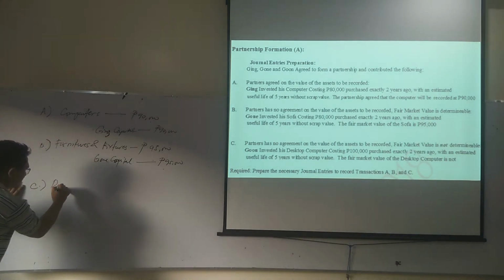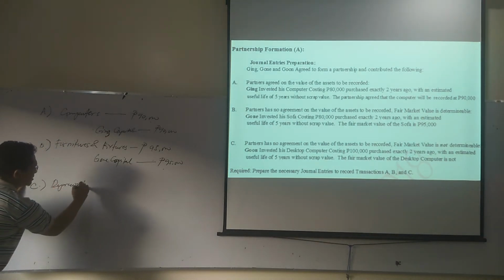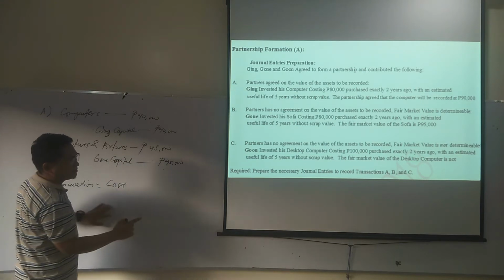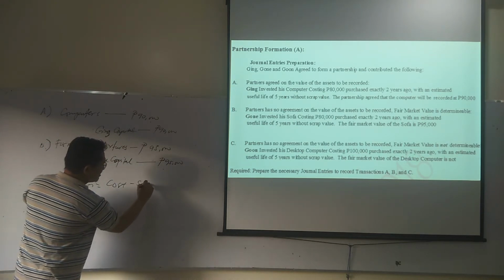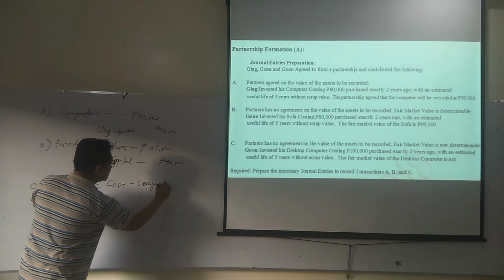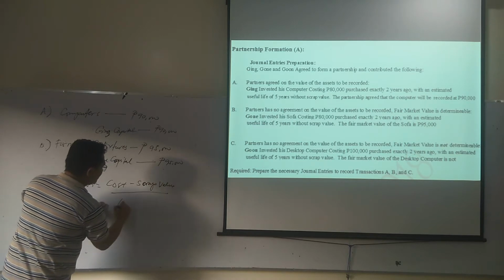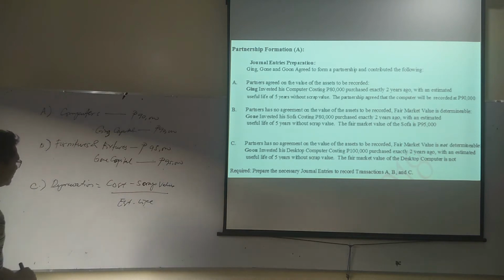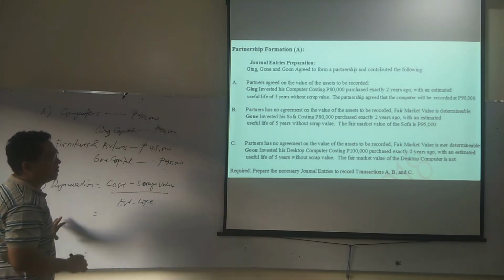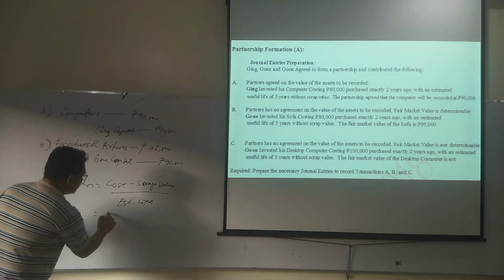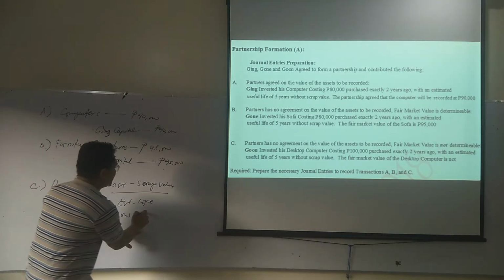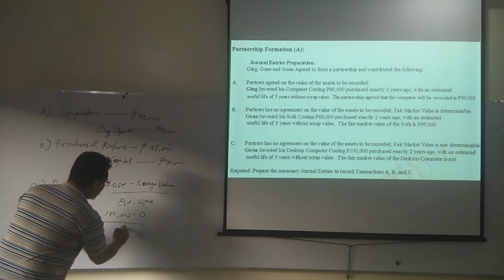So depreciation is equal to the cost of the asset minus scrap value, if there is, divided by the estimated life of the asset. So depreciation for this desktop is 100,000 minus no scrap value, so 0, divided by useful life of 5 years.